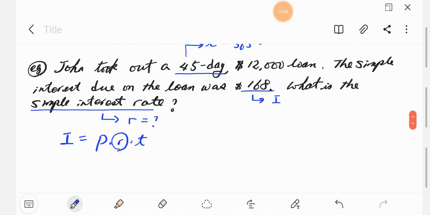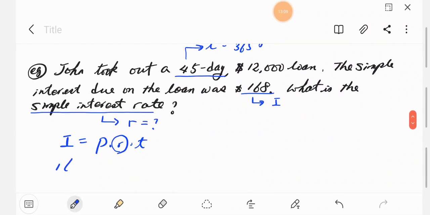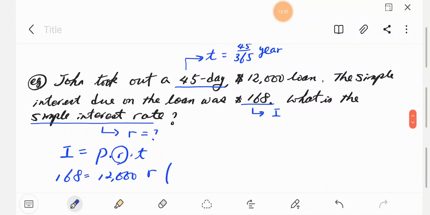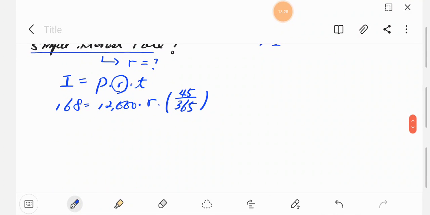All right, then plug in all these numbers. I is 168. The principal is 12,000. And R, then the T value is 45/365. So let's do it step by step.